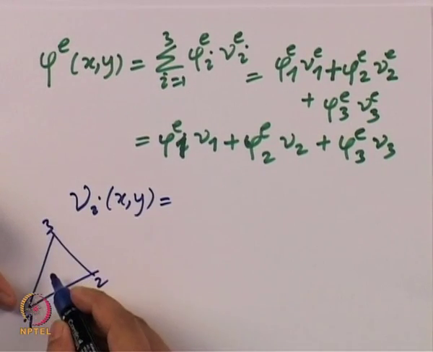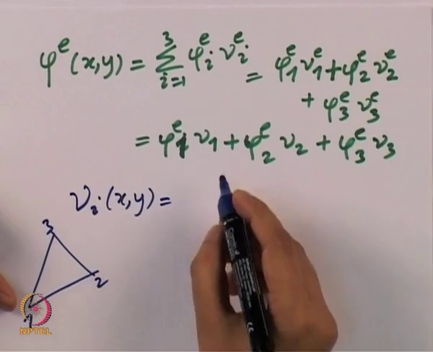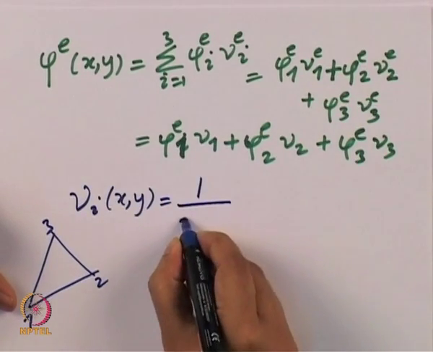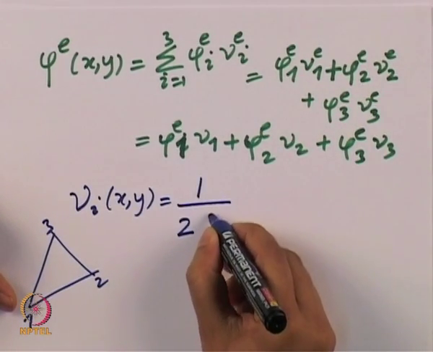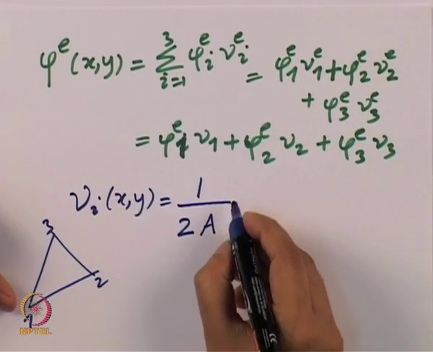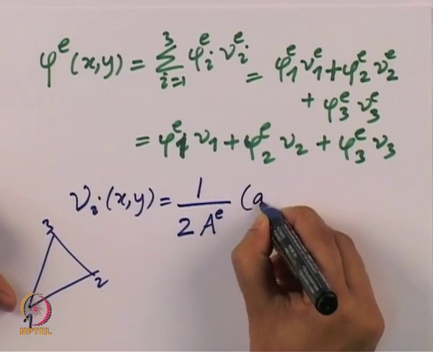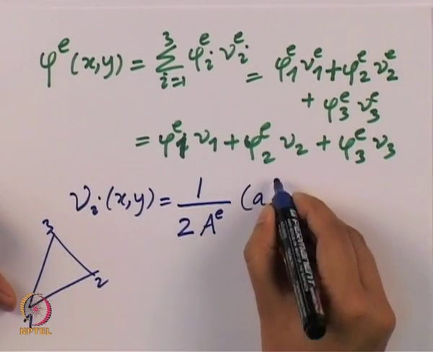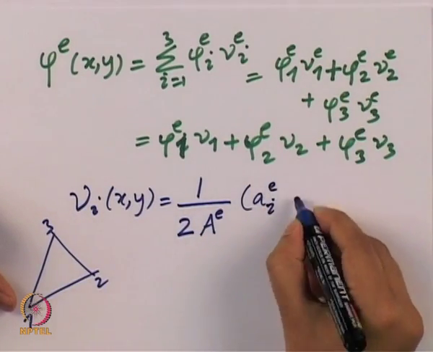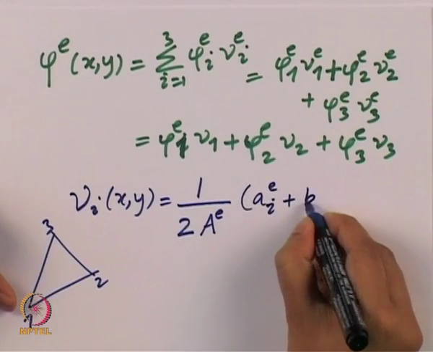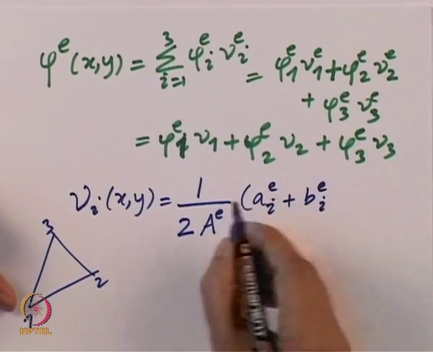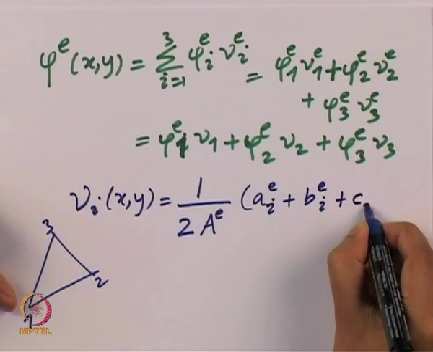Inside the triangle the basis function is going to have a form 1 by 2 multiplied by a of E, multiplied by a of I of E plus b of I of E plus c of I of E.